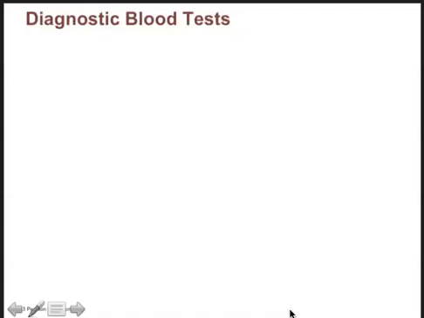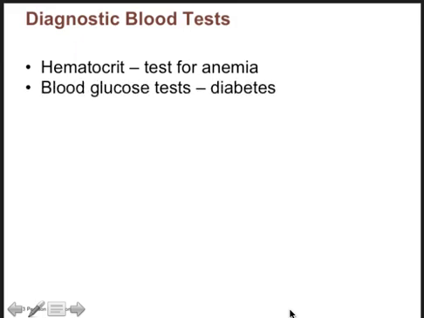Other diagnostic tests that we can use to check whether or not your blood is of the proper composition include the hematocrit, which is a test for the number of red blood cells per volume of blood. So this tests the oxygen carrying capacity of your blood. Blood glucose tests check for the sugar content of your blood, so this is used as a diagnostic for diabetes.